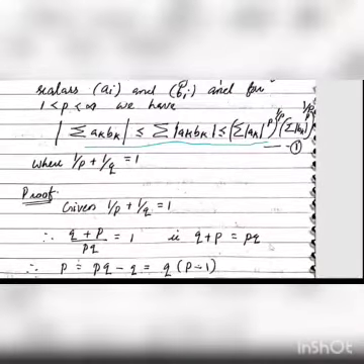Now what we want to prove is this inequality. We will take this term as Ci and this term as Di.